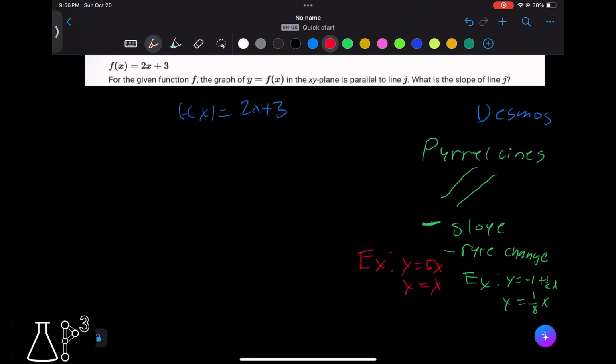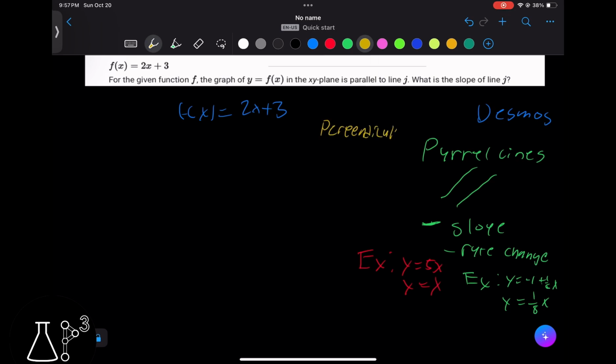Therefore, they intersect at exactly 1 point. So when they have different slopes, they intersect at 1 point. When they have the same slope, they intersect at 0 points. Perpendicular lines should intersect at one point, which is true, but there's a little twist to it. For perpendicular lines, so I'm right here.